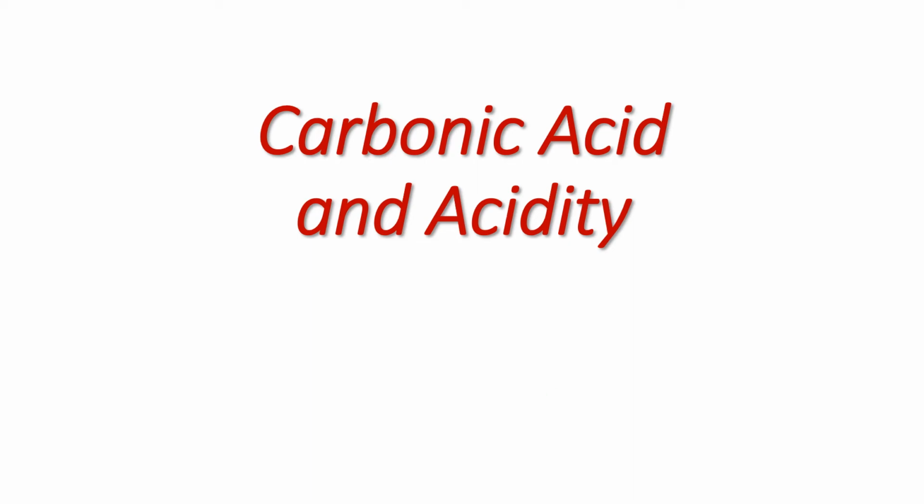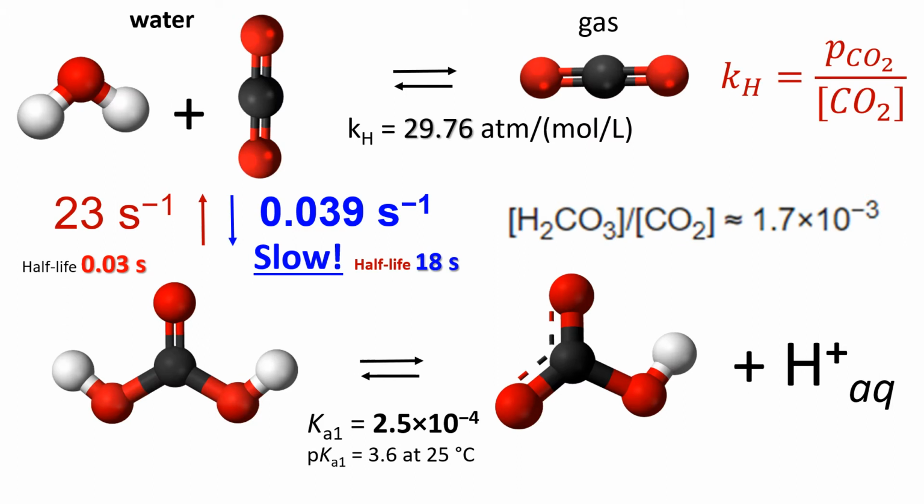Here we start looking at a very interesting system, which is carbonic acid. I want to look at some properties of carbonic acid, and to start with, the very special feature of carbonic acid is that it exists in two forms in water.